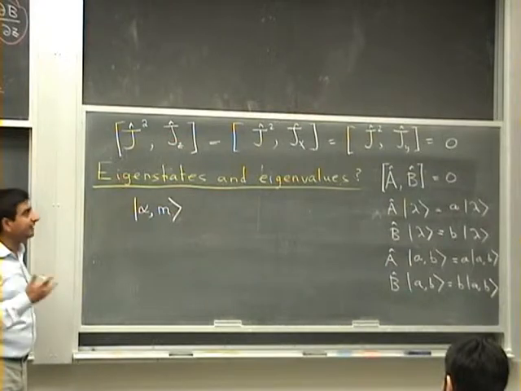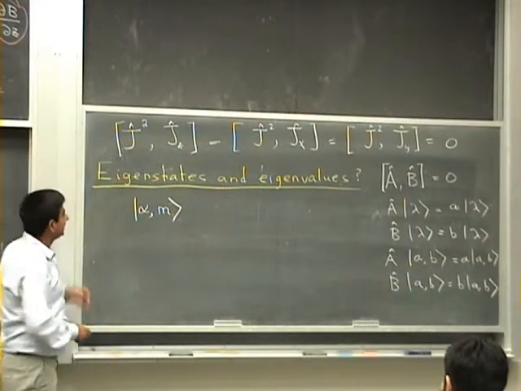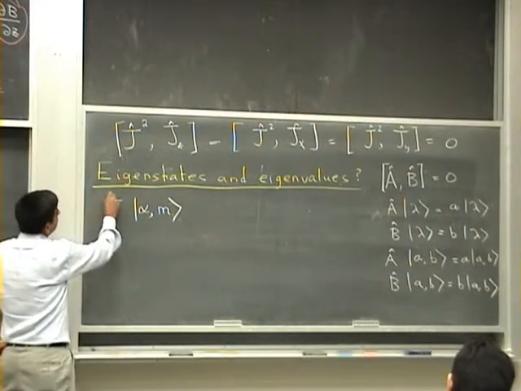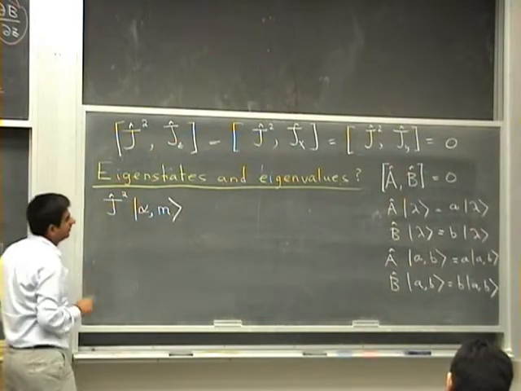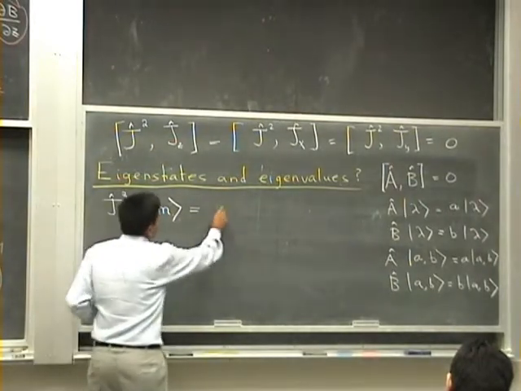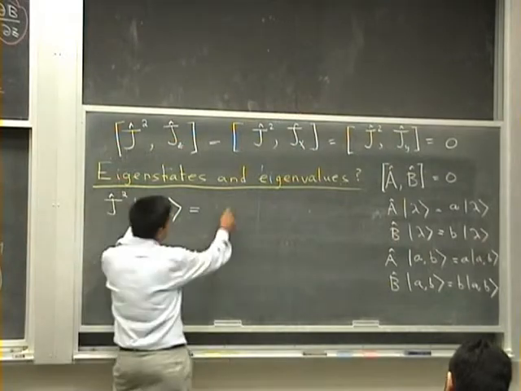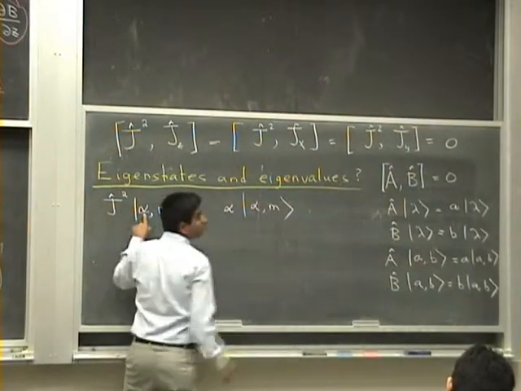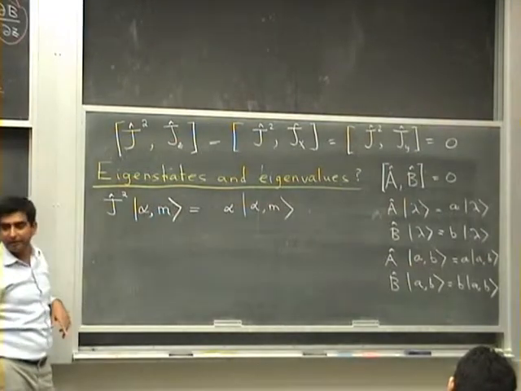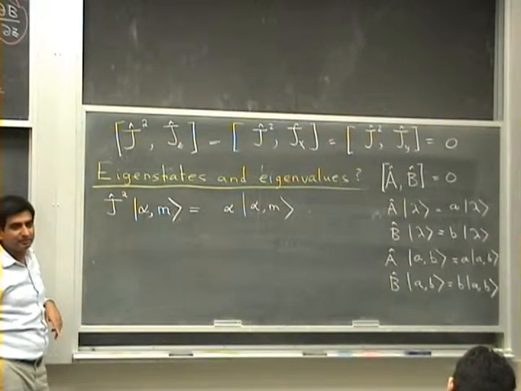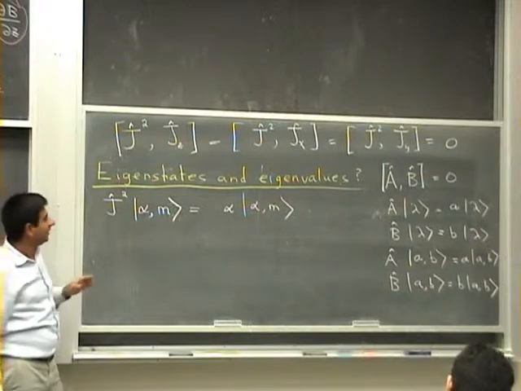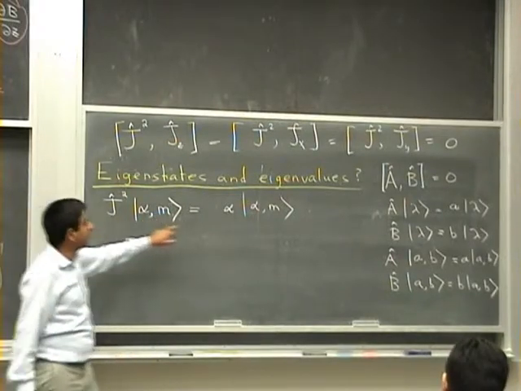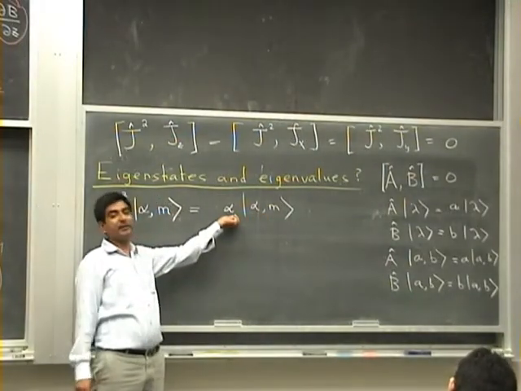These are the common eigenstates of J square and Jz, such that if J square acts on this state, I get this eigenvalue alpha, alpha comma m. Alright? समझ गए? ठीक है ना? चूंकि ये eigenstate है J square की, you recover the eigenstate with some eigenvalue.